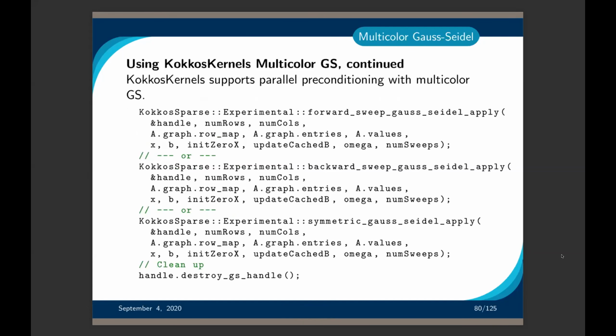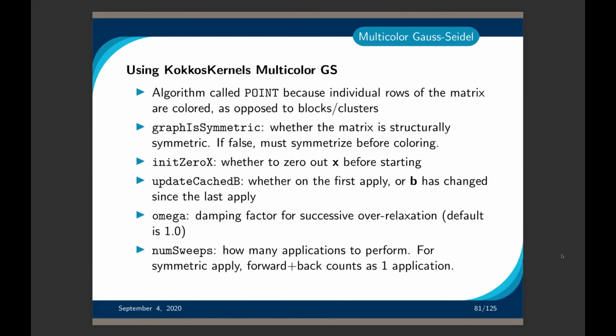And to use the preconditioner to solve a system, we have forward sweep, Gauss-Seidel apply, backward sweep, and symmetric. And these all take exactly the same arguments. They take the handle, the dimensions, the matrix, including values, the X, which is the unknown, and the B, which is the right-hand side. Then I'll explain these other parameters next. So init 0 x is whether to zero out X before beginning, and you might want to do that if this is the very first preconditioner apply in the system.